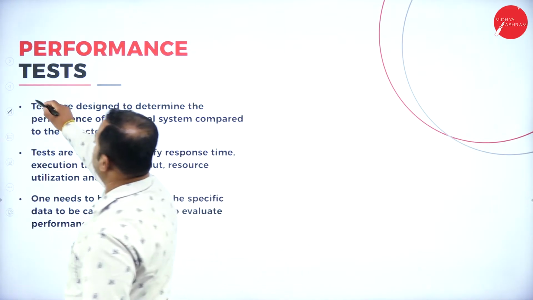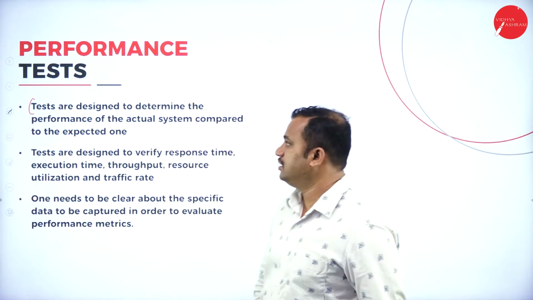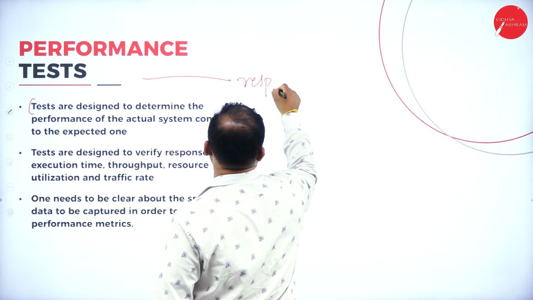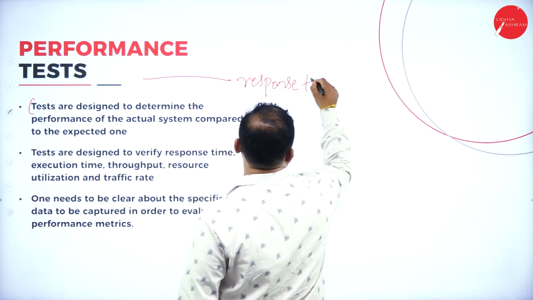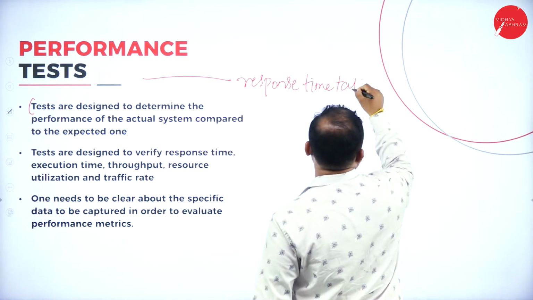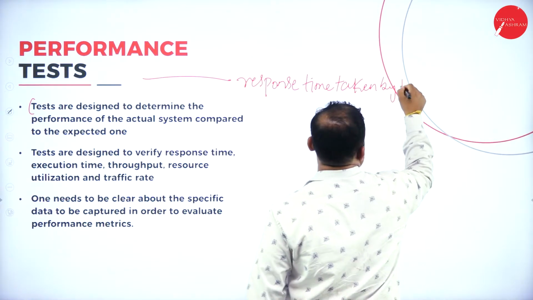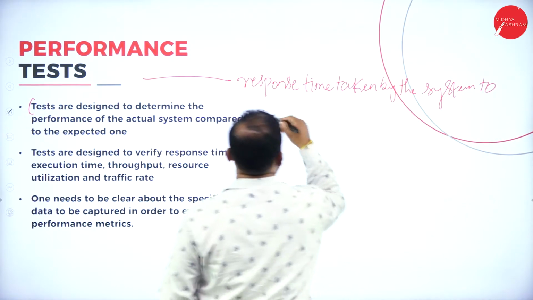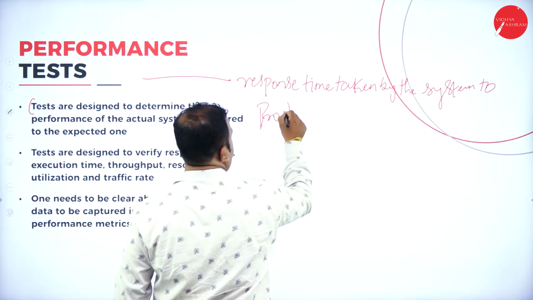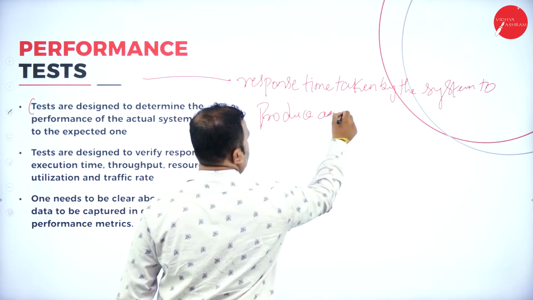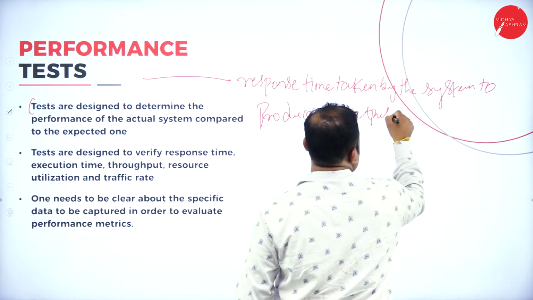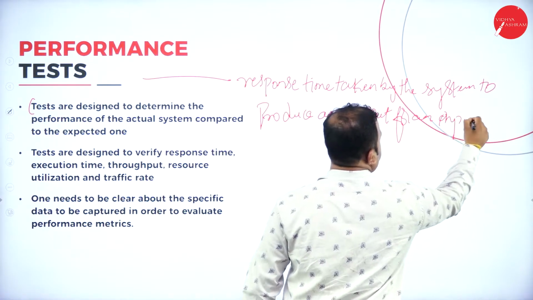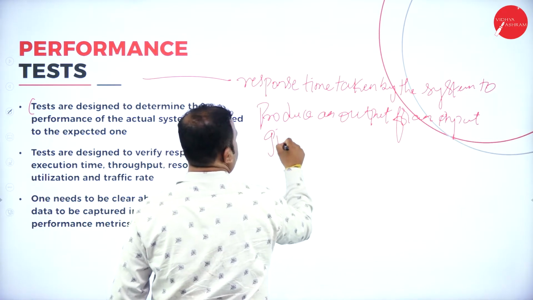Then performance tests. Please note that in the case of a performance test, we come across the response time taken by the system to produce an output for an input given by the user.